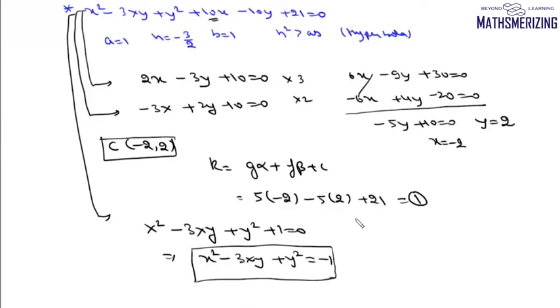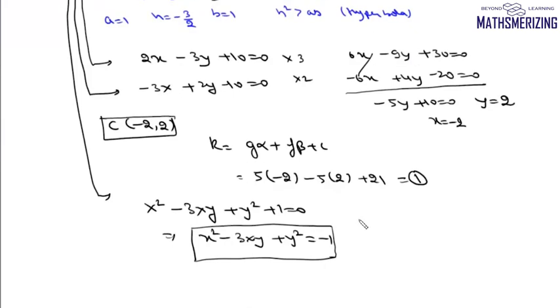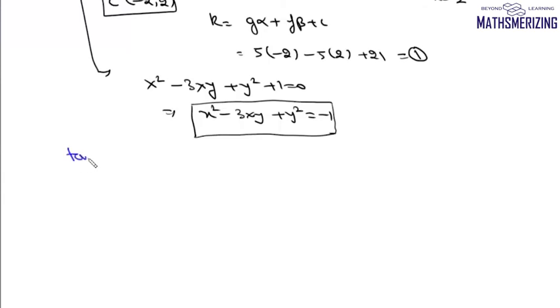Now we'll find angle of the axis. We can write tan 2 theta as 2h upon a minus b. So it will be 2 tan theta upon 1 minus tan square theta, and it will be 2h, which is minus 3, and then a minus b. a minus b in this case is simply 0.